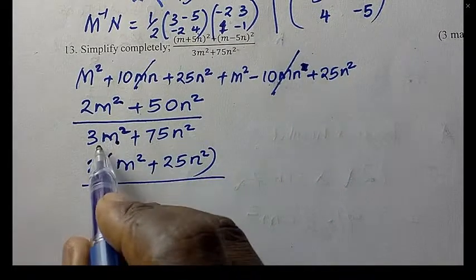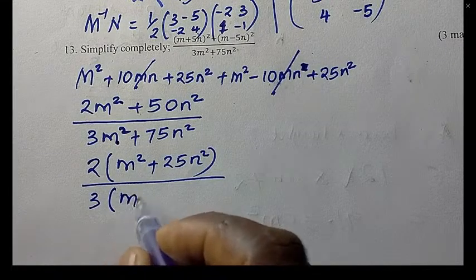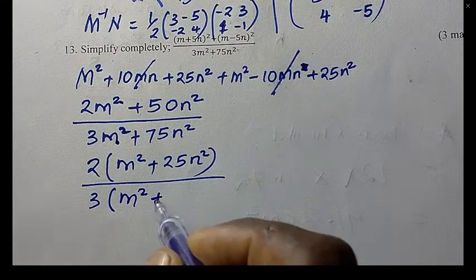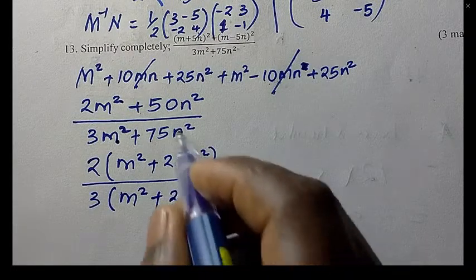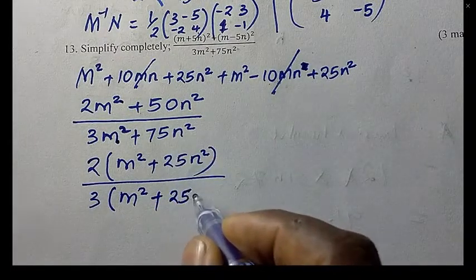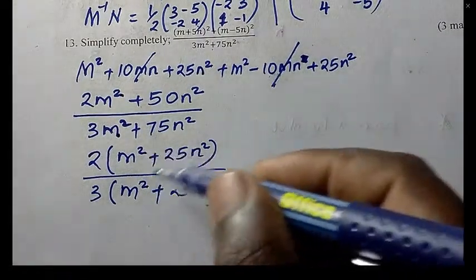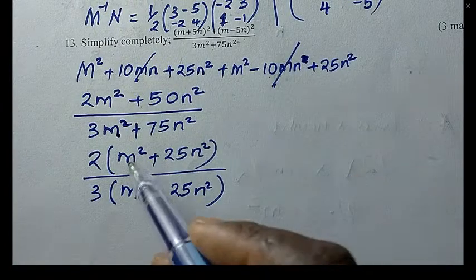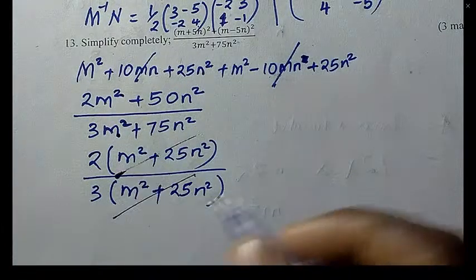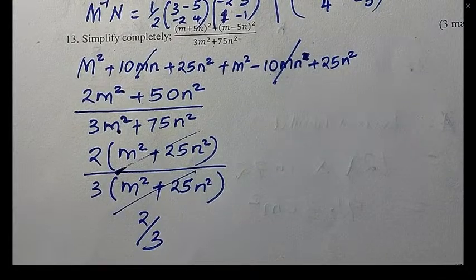The common factor here is 3 into m squared plus 25n squared. So you see, whatever is in the bracket is similar, so this one and this one will cancel out. We will have 2/3 as the final answer.